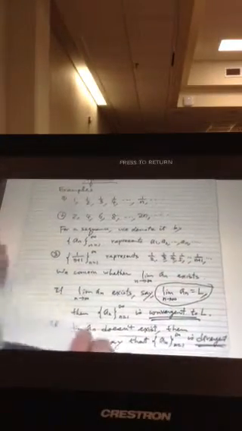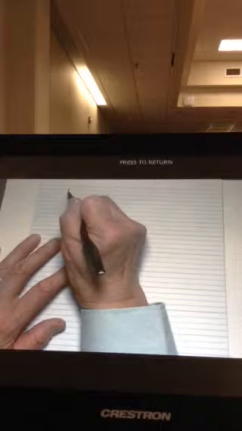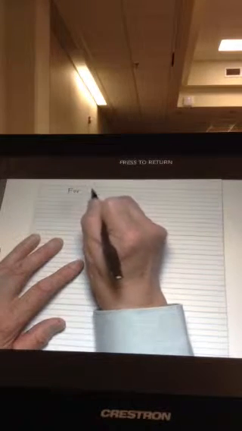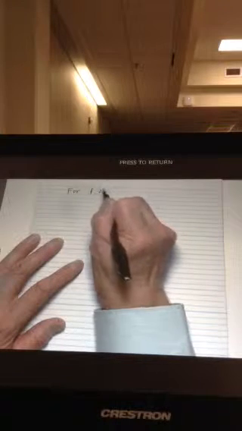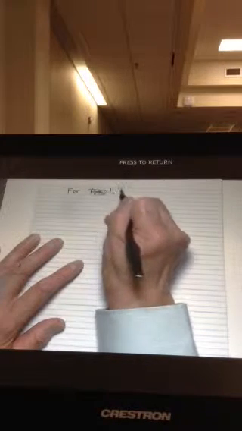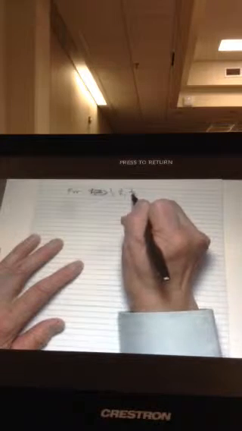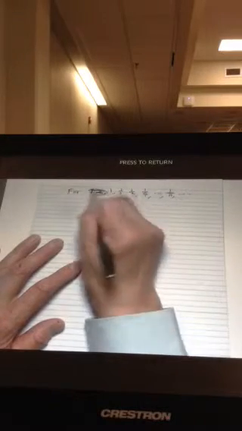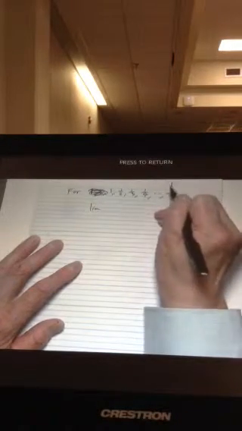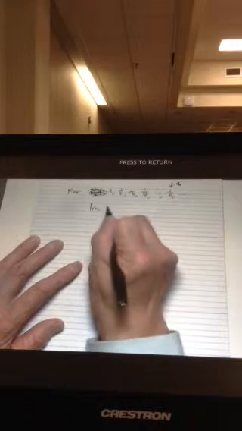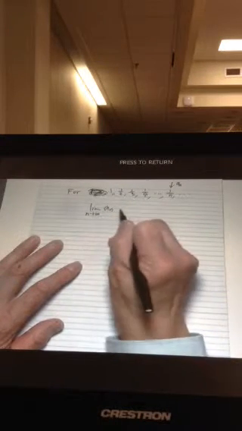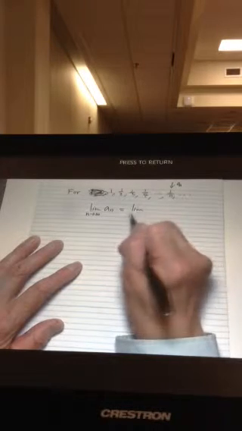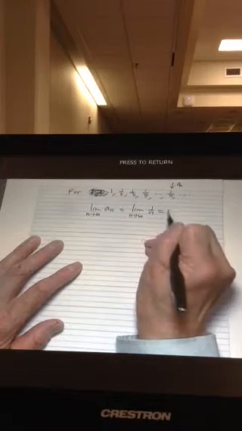So for the first sequence, 1, 1/2, 1/3, the nth term, the limit of a_n, is equal to the limit as n goes to infinity of 1 over n, which is 0.